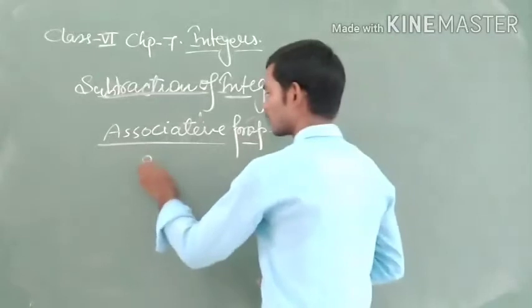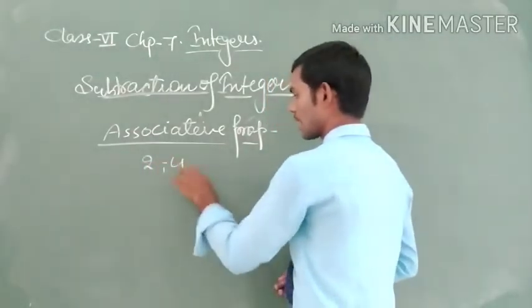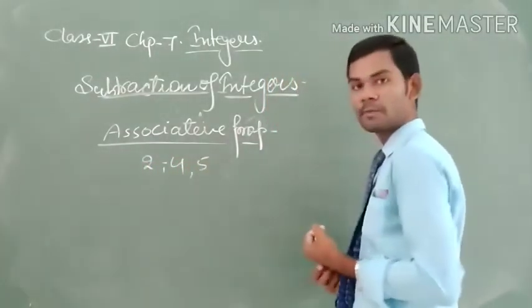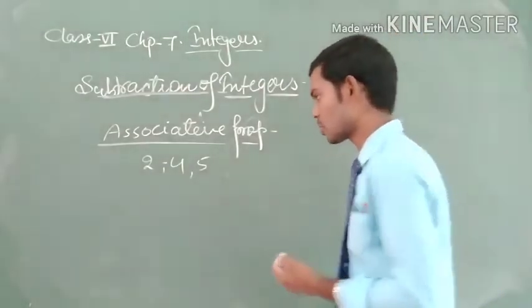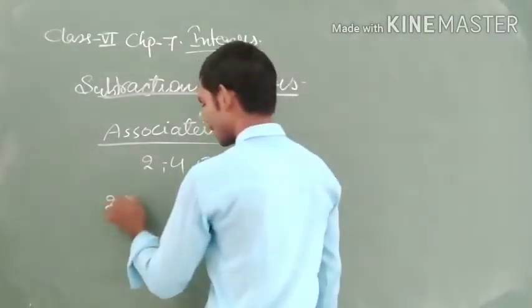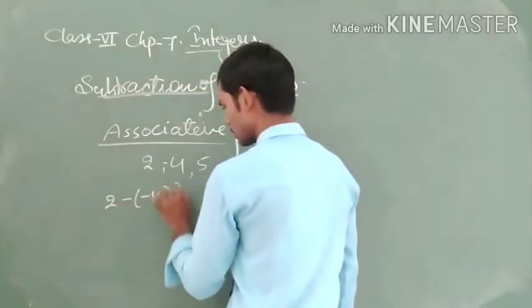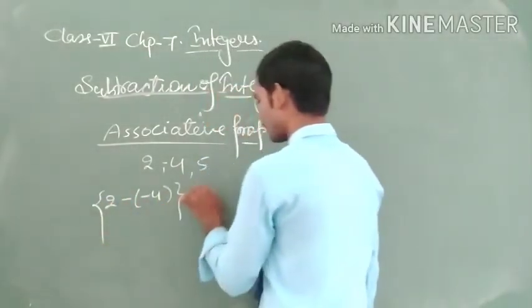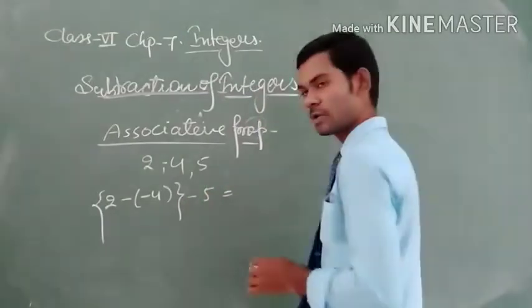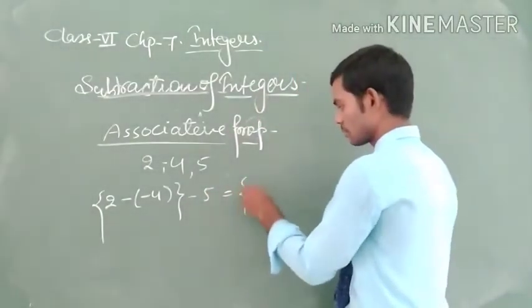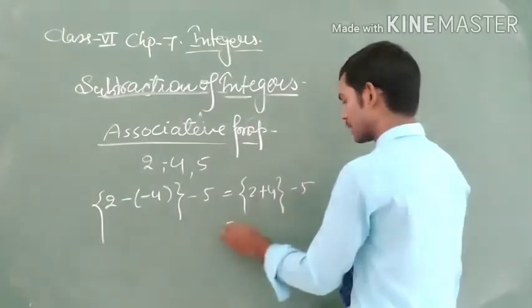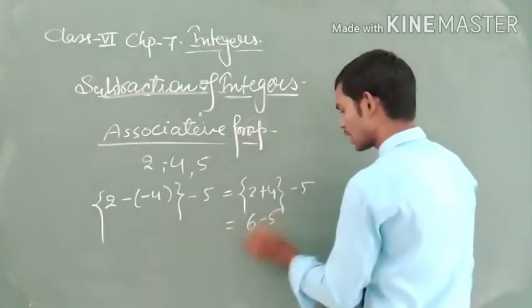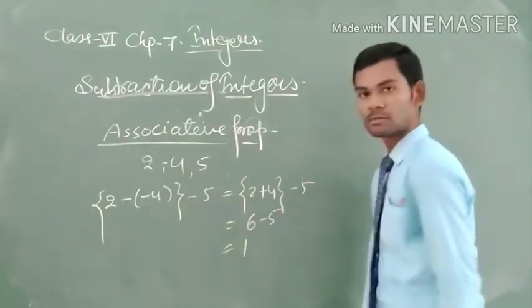So we take 2, minus 4 and 5, and arrange them like this: (2 minus (minus 4)) minus 5, which gives 2 plus 4 minus 5, equal to 6 minus 5, equal to 1.